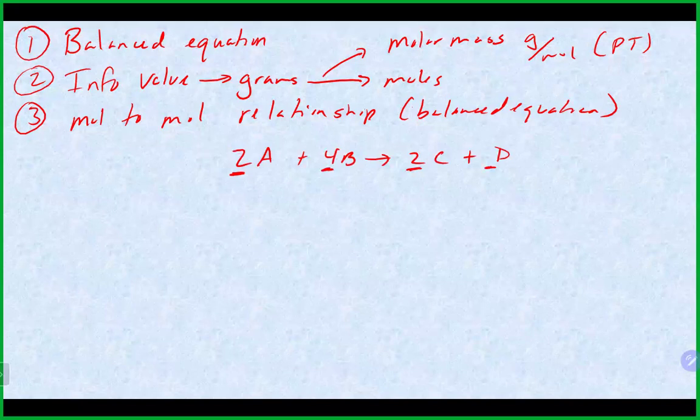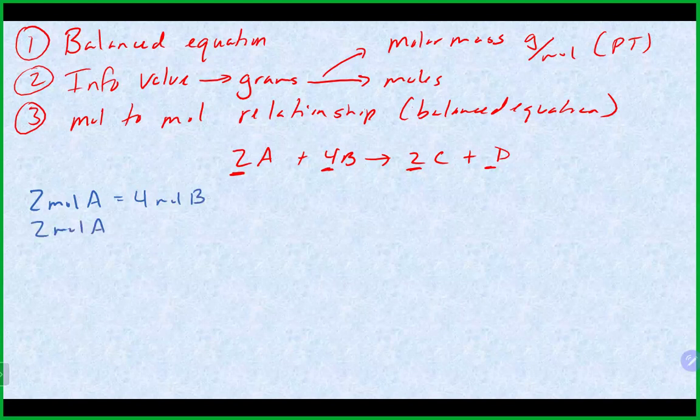So for example, we could say 2 moles of A could react with 4 moles of B. We could also say for every 2 moles of A, we produce 2 moles of C. And again, these are nothing more than the coefficients from the balanced equation. We could also say for every 2 moles of A, we get 1 mole of D. And we could also do that for our B here.